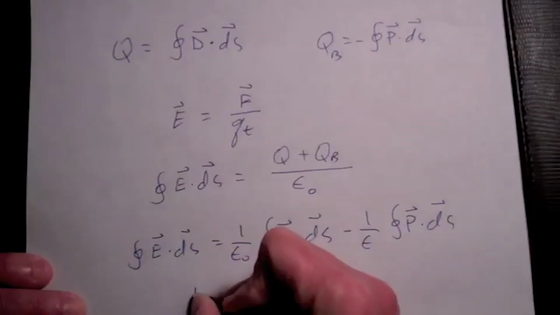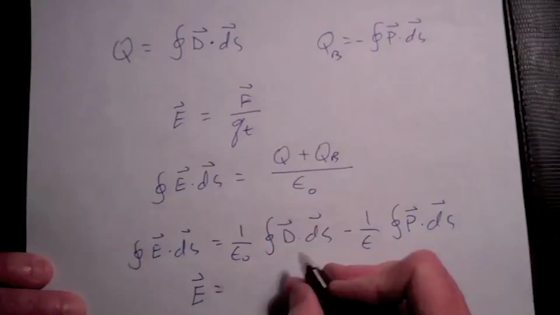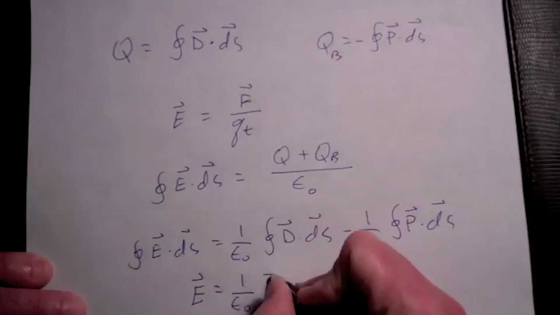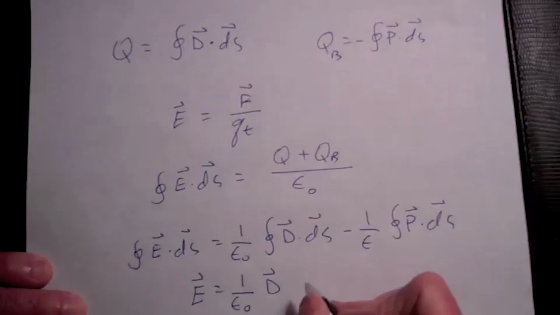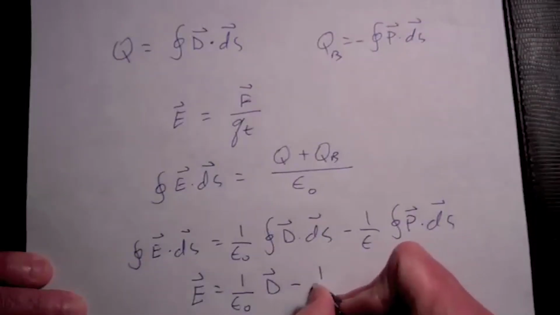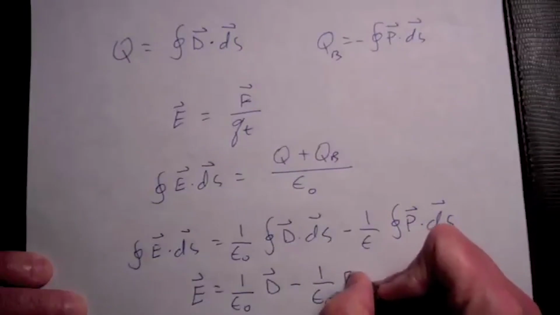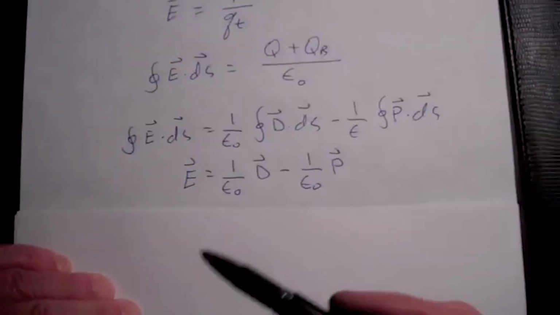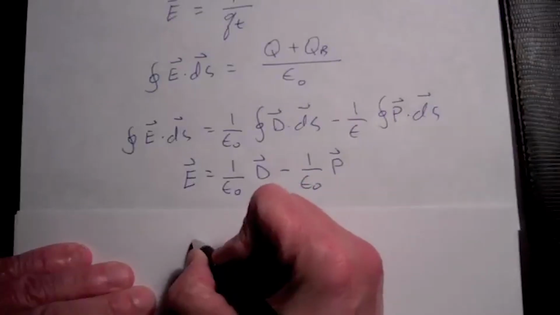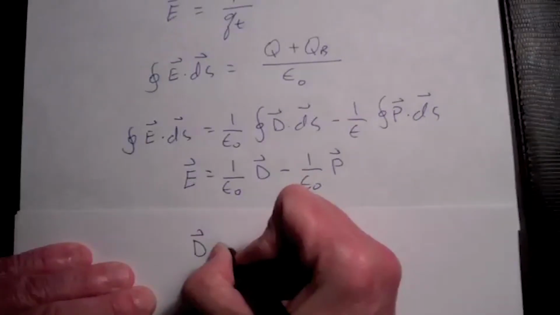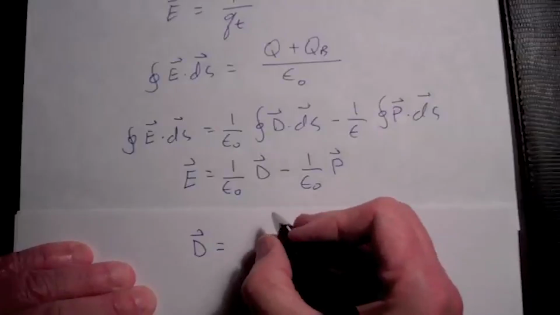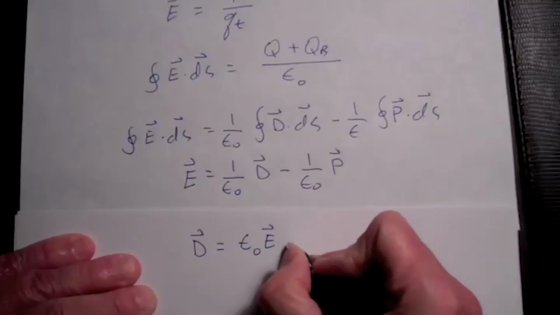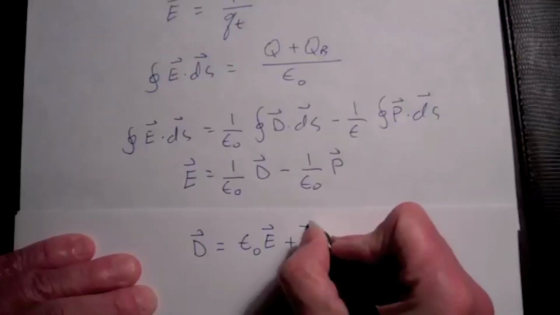So the electric field intensity is equal to 1 over epsilon sub 0 times the electric flux density field minus 1 over epsilon sub 0 times the polarization. Or rewriting this, the electric flux density field is equal to epsilon sub 0 times the electric field intensity plus the polarization.